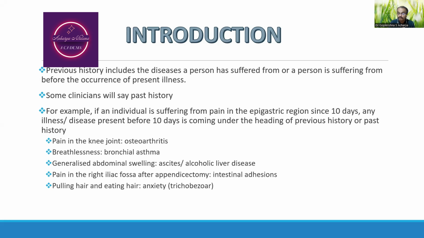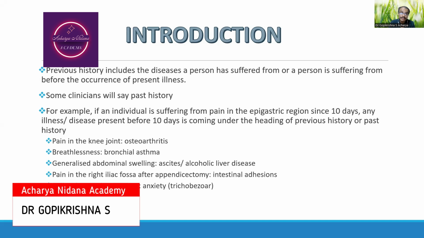Ascites there. Pain in the right iliac fossa after appendectomy, which means pain at McBurney's point after appendectomy. If you make the diagnosis again as appendicitis, it will be a wrong diagnosis. In that situation, the possible diagnosis may be intestinal adhesions.